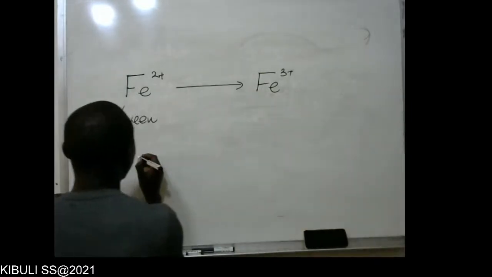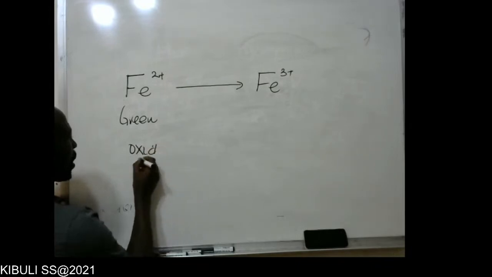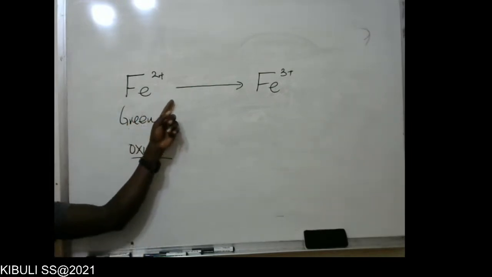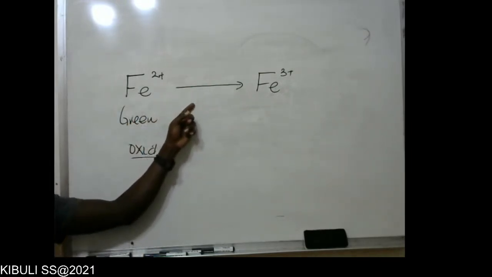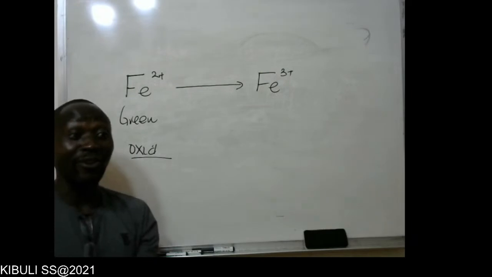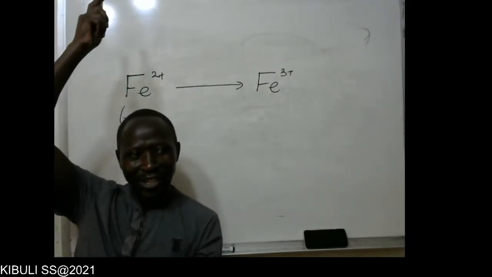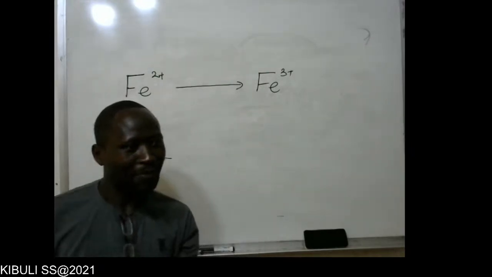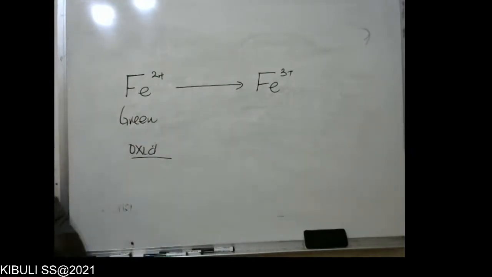So we define oxidation in terms of 3 references. Reference number 1, oxidation is addition of oxygen. Are we adding oxygen here? No. Number 2, oxidation is defined as removal of hydrogen. Do you see why you said oxidation reaction up there? What was being removed? Hydrogen. Are we removing hydrogen here?